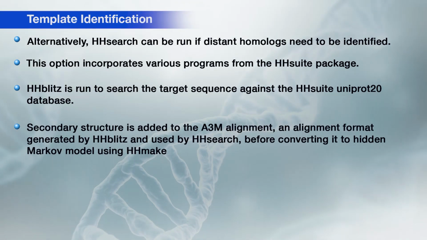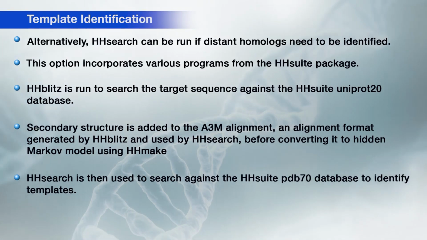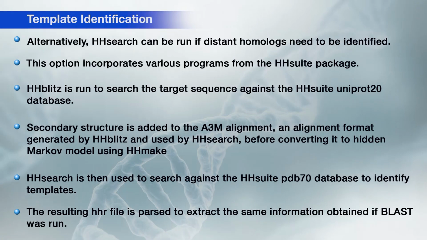Secondary structure is added to the A3M alignment, an alignment format generated by HHblits and used by HHsearch, before converting it to a hidden Markov model using HHmake. HHsearch is then used to search against the HH-suite's PDB70 database to identify templates. This results in an HHR file passed to extract the same information obtained from BLAST.